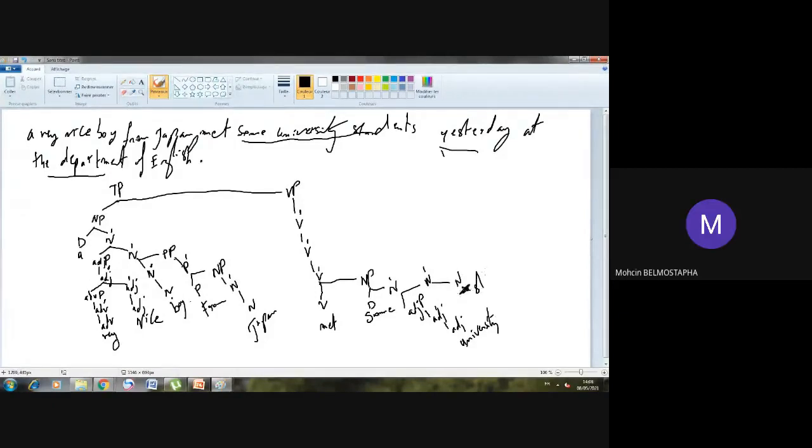From the second V bar, we have an adverb phrase. Very good. Adverb bar, yesterday. From the first V bar, we have the PP at the Department. We have PP. We have P bar.